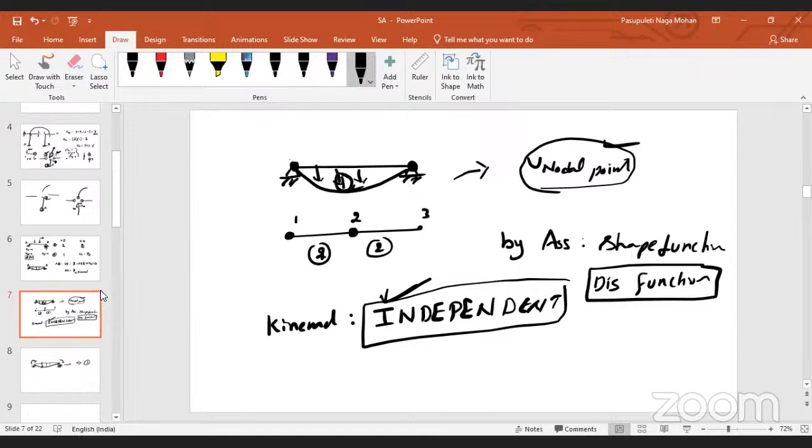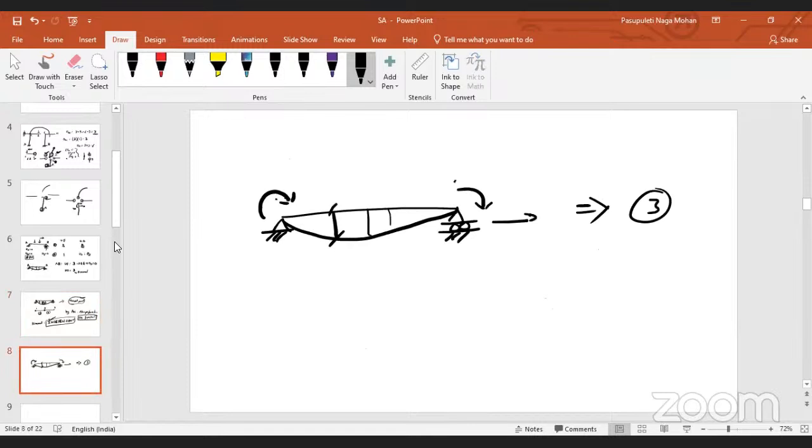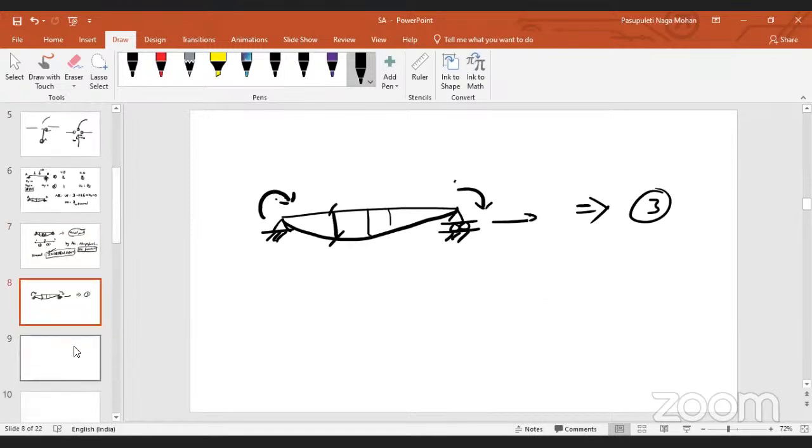As of now, is it clear about kinematic indeterminacy? It is the number of unknown independent degrees of freedom possible in a structure, or the independent degrees of freedom required to represent the displaced position of the frame. I hope it's clear.